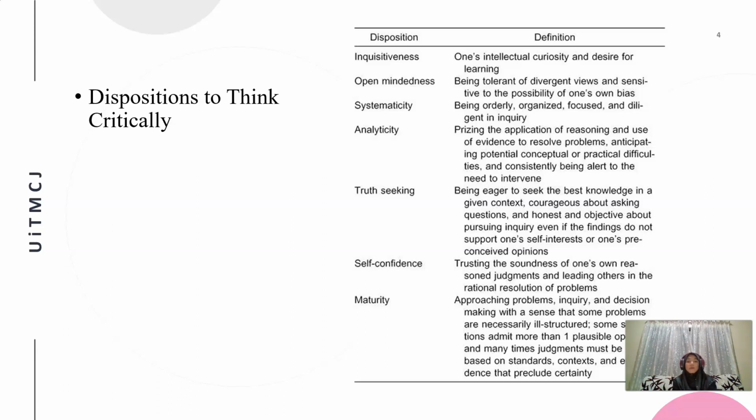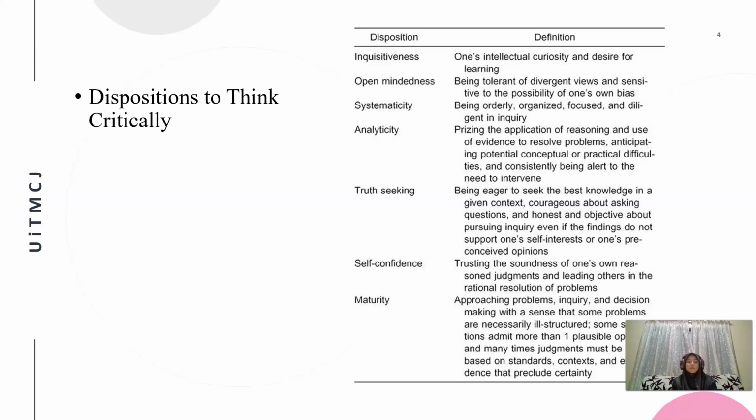In order to identify the best solution, you need to be organized, focused, and diligent in the inquiry process. Then we have analyticity. We want to find the reasoning and use the evidence to resolve problems.